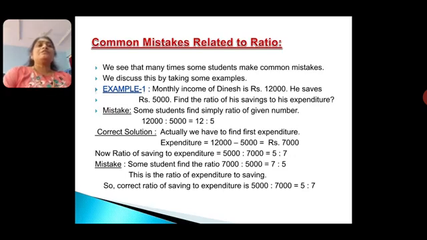Again, there is one more type of mistake students make. Some students find the ratio 7,000 ratio 5,000, that means 7:5. This is the ratio of expenditure to saving, not the ratio of saving to expenditure. So the correct ratio of saving to expenditure is 5,000 ratio 7,000, that means 5:7.